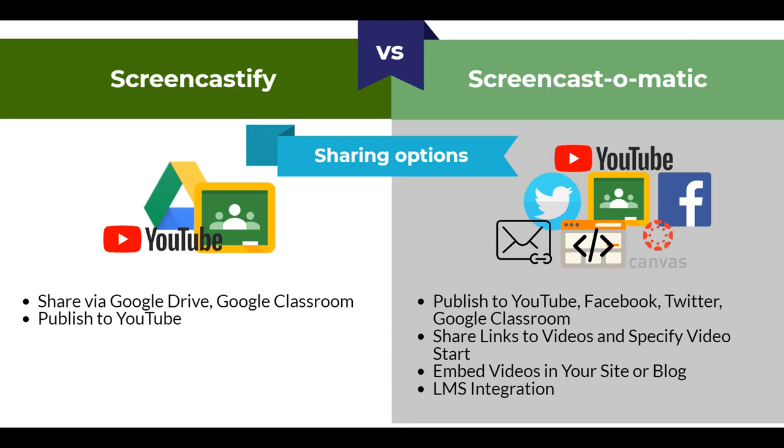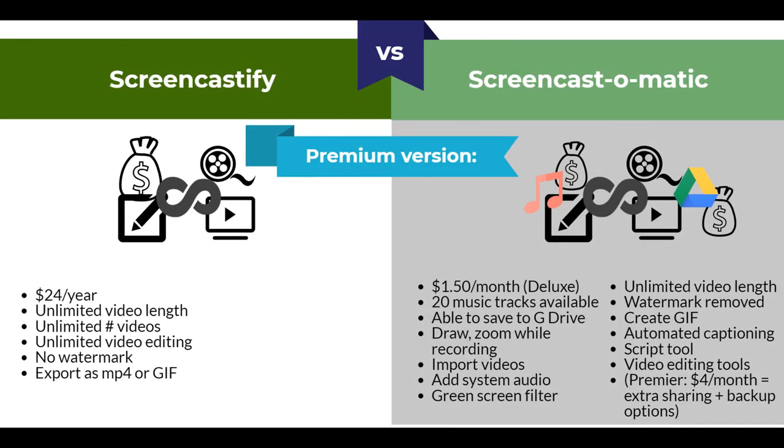However, you can share that link however you choose. Screencast-o-matic gives you more direct publishing options to YouTube, Facebook, Twitter, and Google Classroom. You can share the links. You can also specify when the video starts, embed the videos on your site or blog, and the big one is LMS integration.